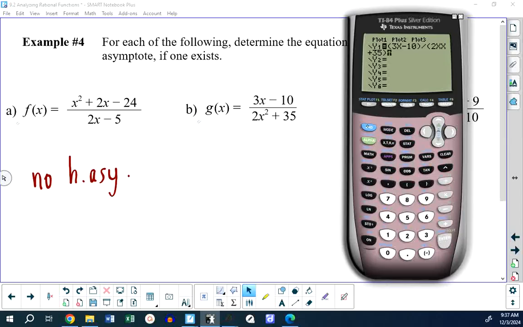Looks okay. I'm going to go to my table. I'm going to start at 5. The y-coordinate is 0.058. I'm going to go to 50. It's 0.027. I'm going to go to 500. It's that number. I'm going to go to 9 with a whole bunch of zeros. It's this number, which is very small.